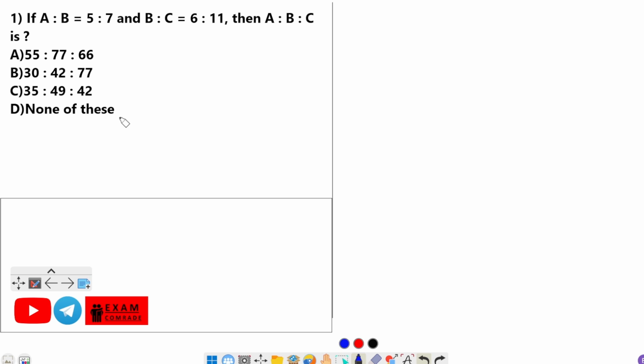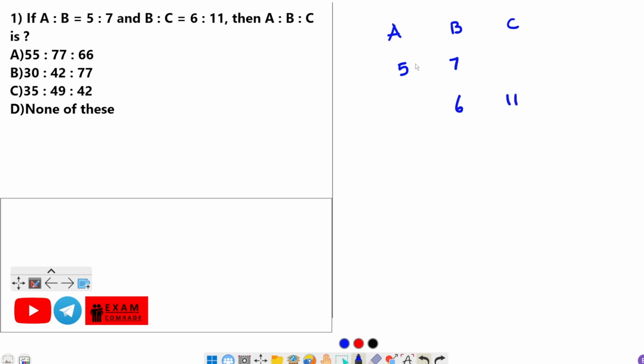Okay, let's try to solve some basic questions. In this question, A is to B is given as 5 is to 7. B is to C is given as 6 is to 11. Under B I will write 6, under C I will write 11.